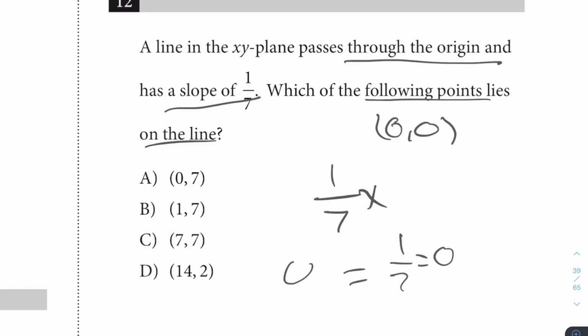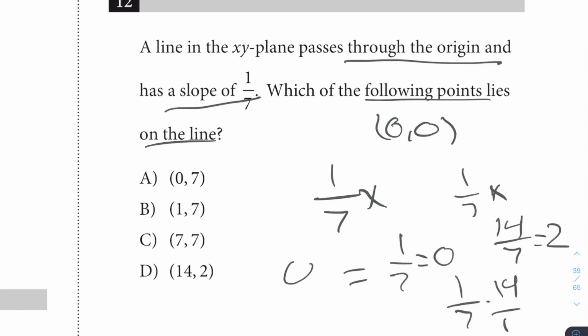So you can just test the numbers, and when you get down to this one, do 1 over 7 times 14. You get 14 over 7, which equals 2. So it's (14, 2). So this is going to be on the graph, D.